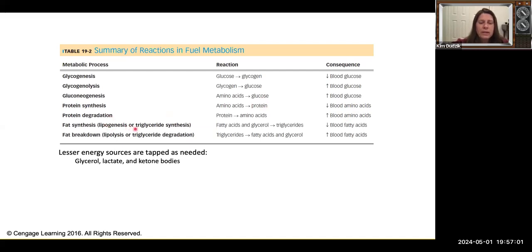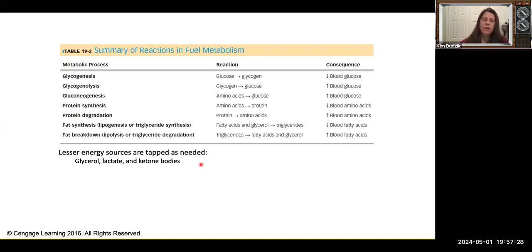Same with lipogenesis, taking individual fatty acids and glycerol and making triglycerides, and then lipolysis is breaking down those triglycerides into fatty acids and glycerol. Okay, so these are our main energy sources. And again, you can see what that does to the level of those nutrients in the blood.